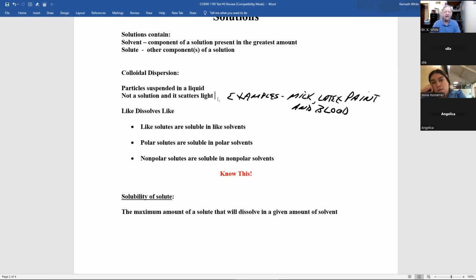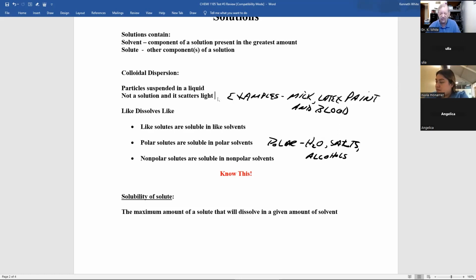All right, next I talked about an important concept, like dissolves like. And that means polar solutes are soluble in polar solvents, and nonpolar solutes are soluble in nonpolar solvents. What are polar things? Water, salts like sodium chloride, and alcohols like rubbing alcohol and others.